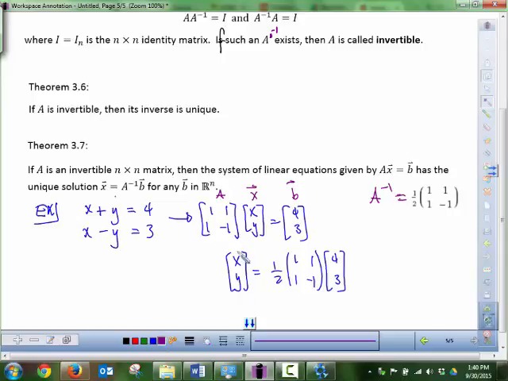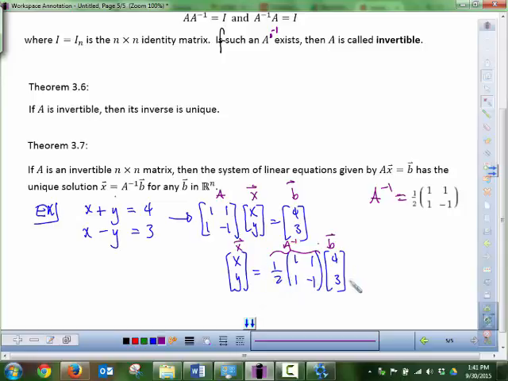This is your x vector, equal to your inverse times your b matrix. Okay? Now I can kind of consider this as a matrix multiplication, so I can multiply that 1/2 now or later.